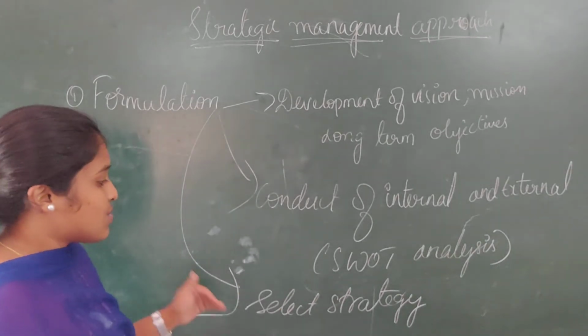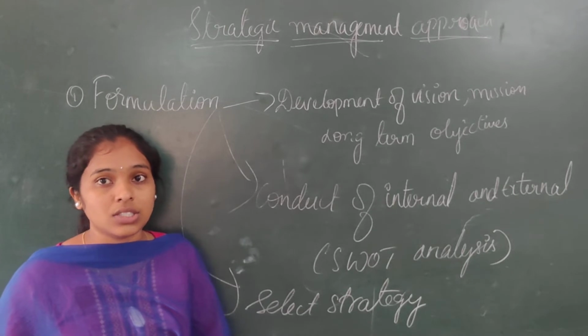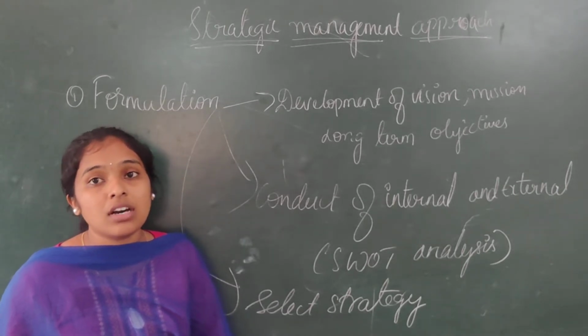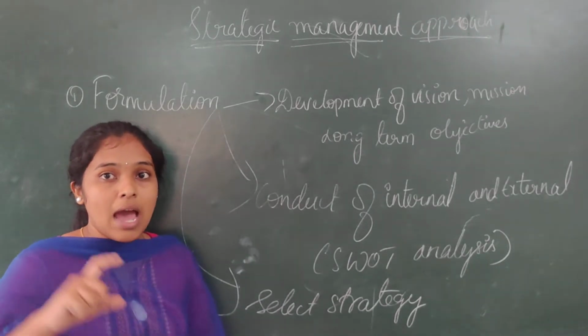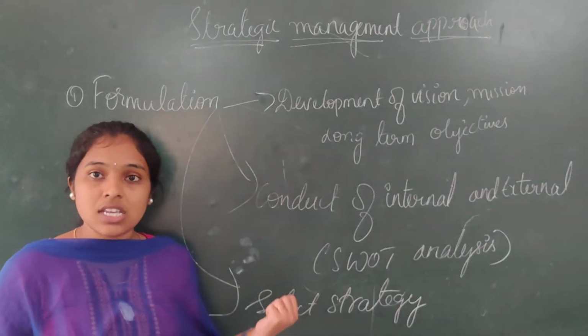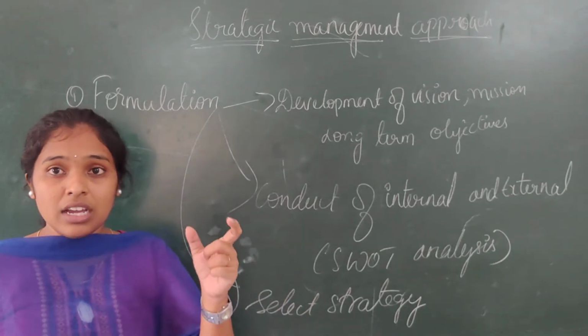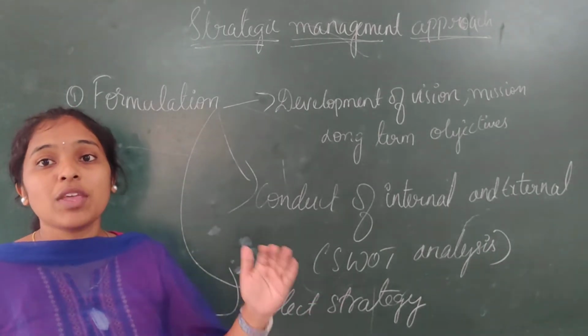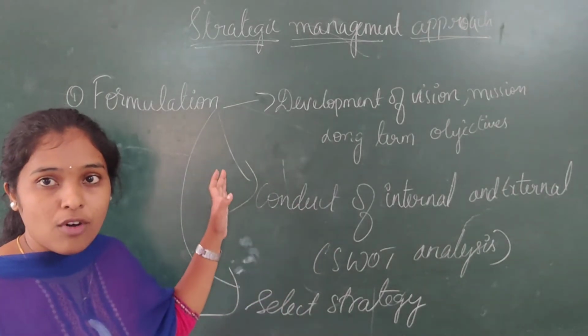And the last one is selecting the strategy. Having many strategies is not important, but having an apt strategy for an apt problem. So that strategy has to sort out the problem. Clear ma? This is about the formulation.